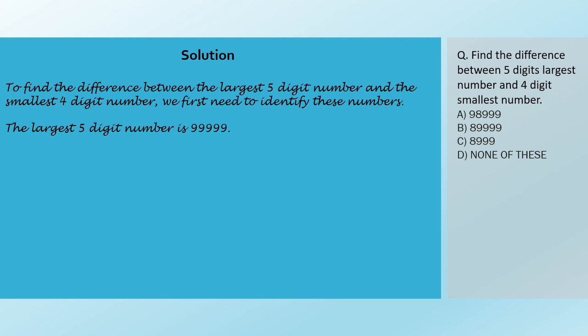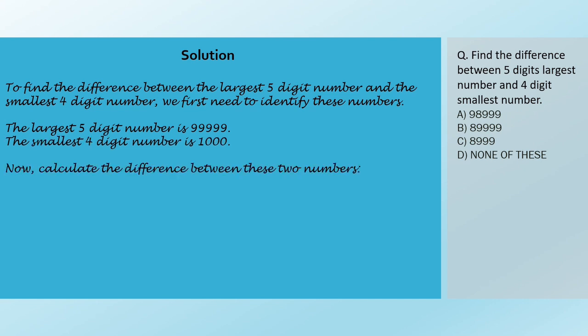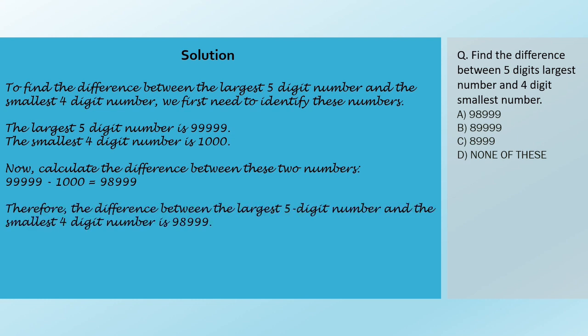The largest 5 digit number is 99,999 and the smallest 4 digit number is 1000. Similarly, let's find the difference. The difference comes out to be 98,999. So the correct answer is 98,999. Okay, so let's move forward.